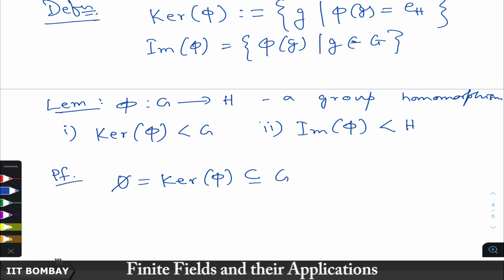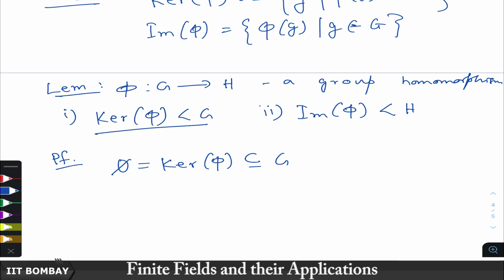So, all we need to prove to show that this is a subgroup is that you take any g, h in the kernel of phi. We need to show that g h inverse is also in the kernel of phi. So, what is phi of g h inverse?